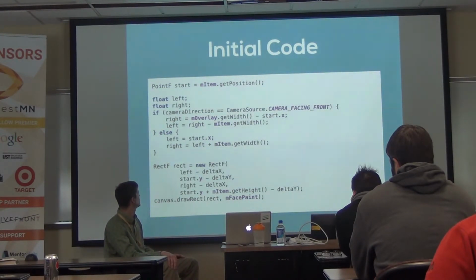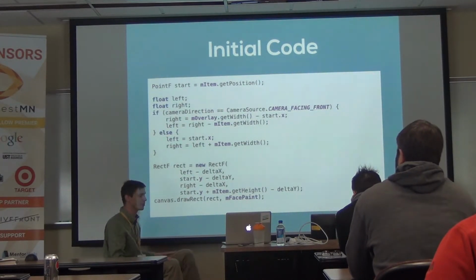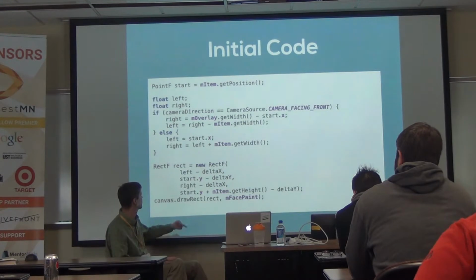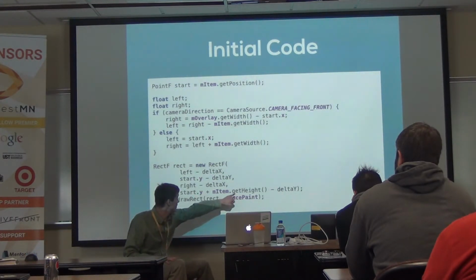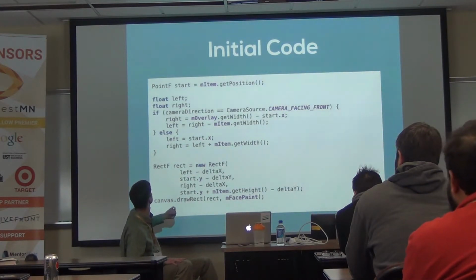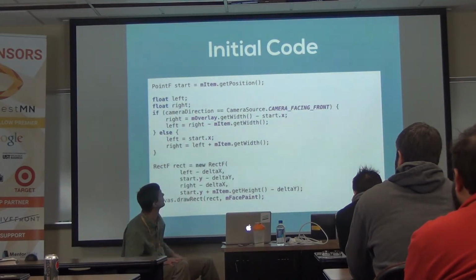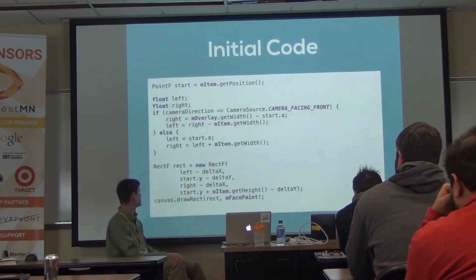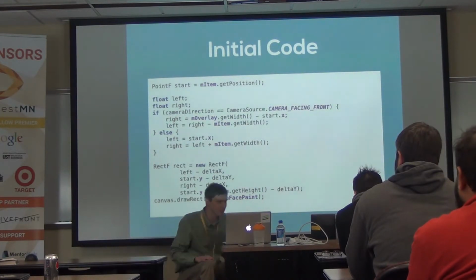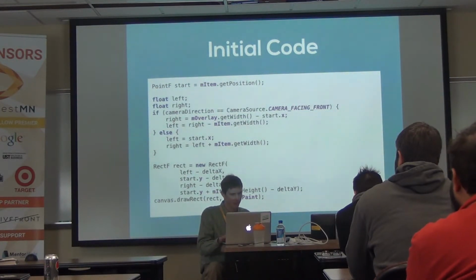And then from there, in this initial version, I just have it drawing a rectangle around the face. So we can also get the height and width calculations up there, so we get a nice rectangle around the face. So let's see what that looks like.